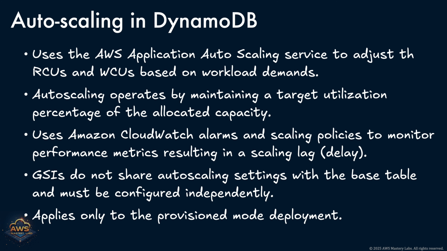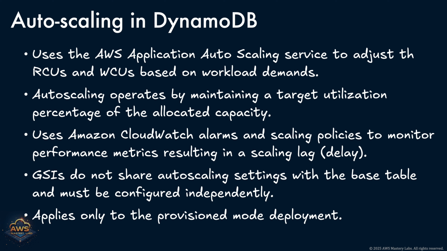It is important to note that auto-scaling does not happen instantly. Since it relies on CloudWatch metrics, there is a response delay, typically a few minutes, before scaling changes take effect. Additionally, cooldown periods ensure that frequent adjustments do not lead to excessive scaling fluctuations.